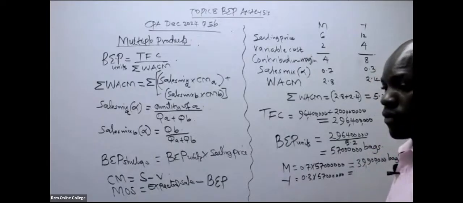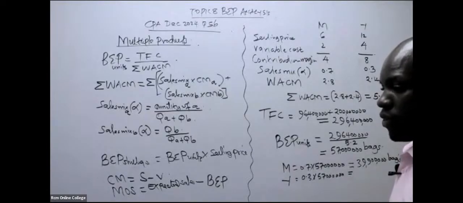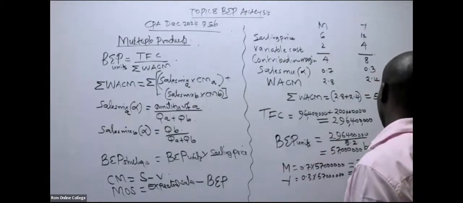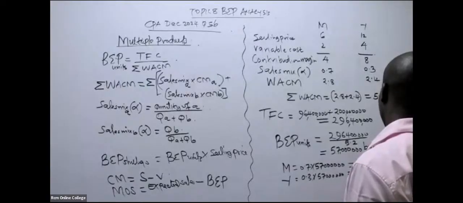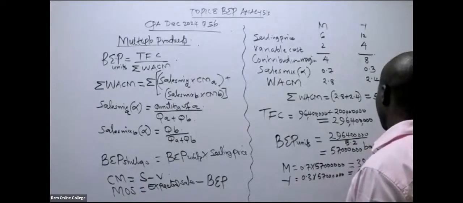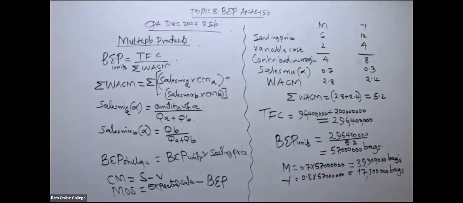Product Y? 0.3 times 57 million is 17,100,000 bags. So that is what we have. And of course, when you add the two, it must give you what they are sharing here. Is it bags or shillings?